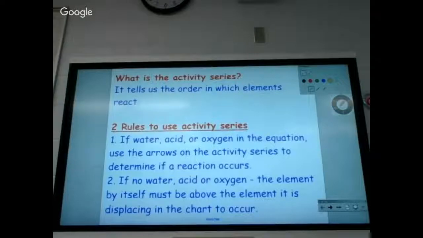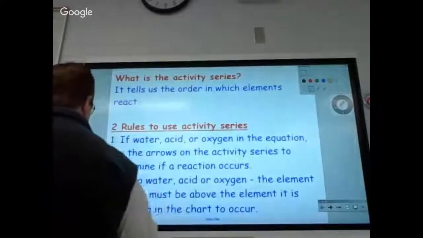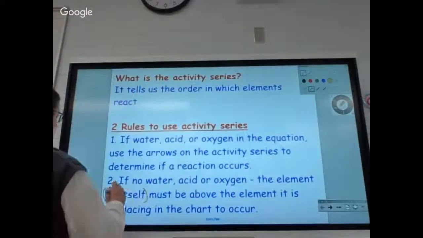So the second method, if there's no water, acid, or oxygen, what are we going to do if there's none of those things? The element that's by itself. Sometimes I will say, instead of by itself, the element that is alone.